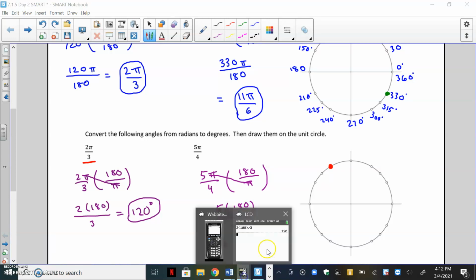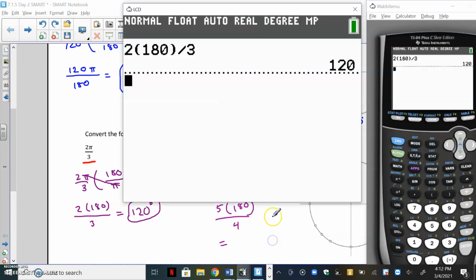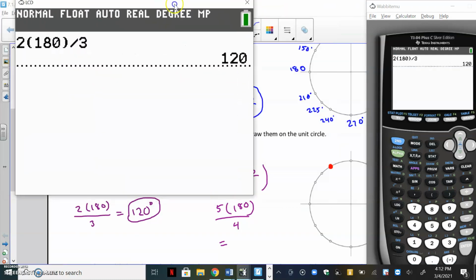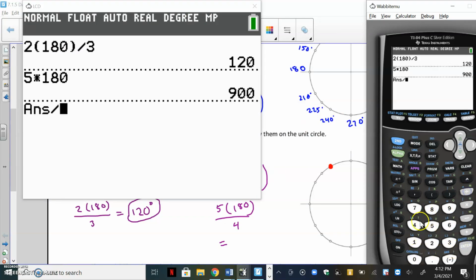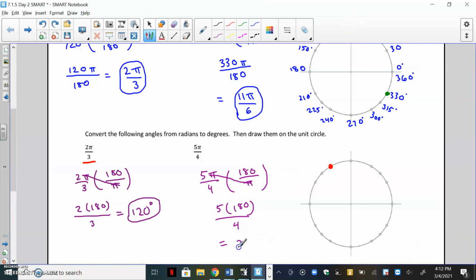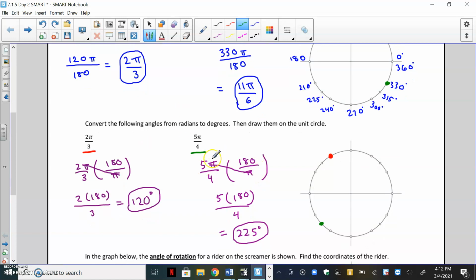That's going to give me an answer of 225. So this is a 225 degree angle. Let's just plot that one over here. I just use this as a guide. That is all the practice with going between radians and degrees.